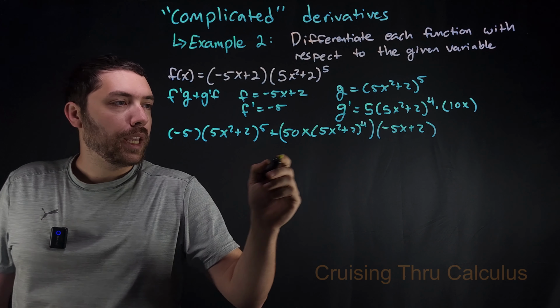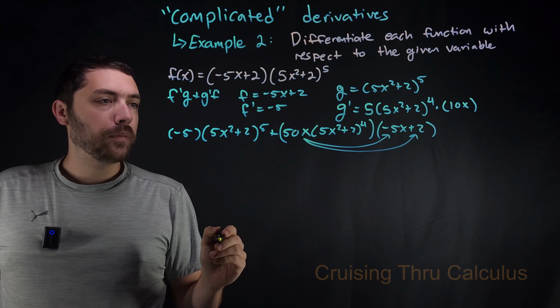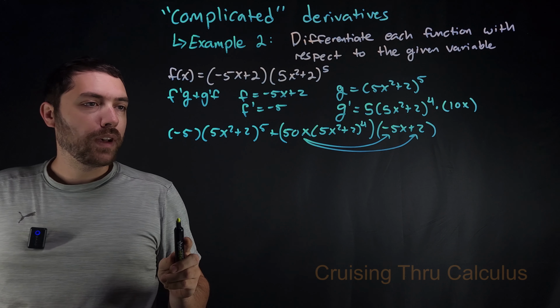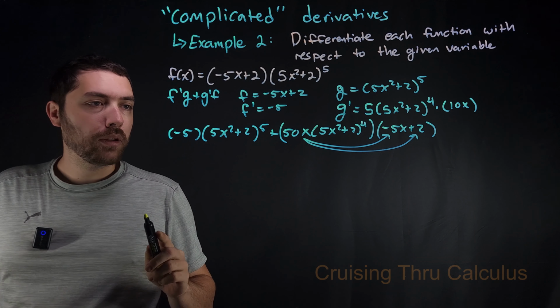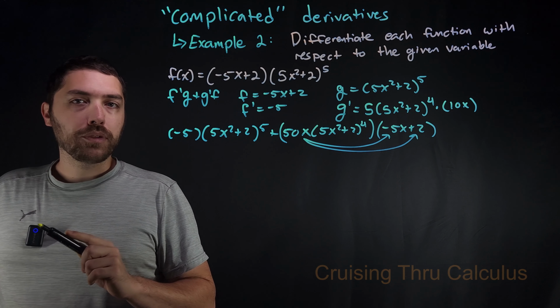Now we can distribute this piece here, and that there. I cannot distribute this negative 5 into here because it's being raised to the power of 5. If I tried, I'd be going outside of the order of operations. You've got to do exponents first before you multiply, after all.